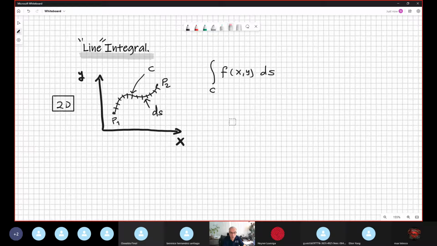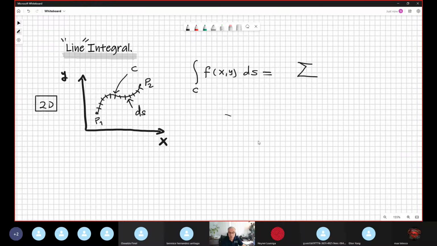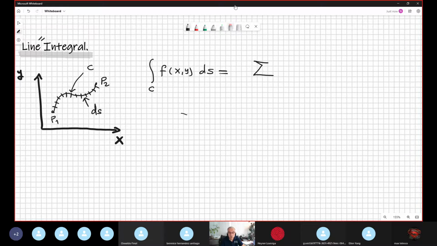Because when you define an integral, the integral is always the Riemann sum. You know that, Riemann sum. And the Riemann sum is the summation. Summation of what? Summation of the multiplication, the function, okay, by the way, this function is a scalar.